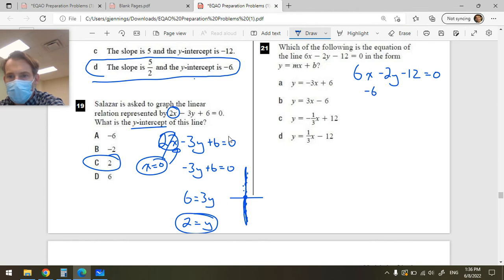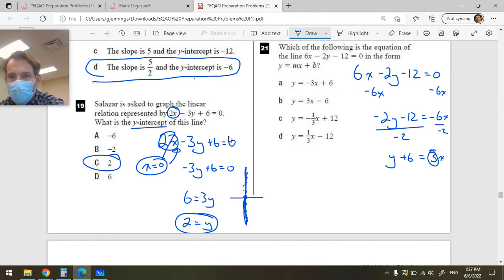So subtract 6x from both sides, that is going to be negative 2y minus 12 is equal to minus 6x. And then divide both sides by minus 2. And then I get y plus 6 is equal to 3x.